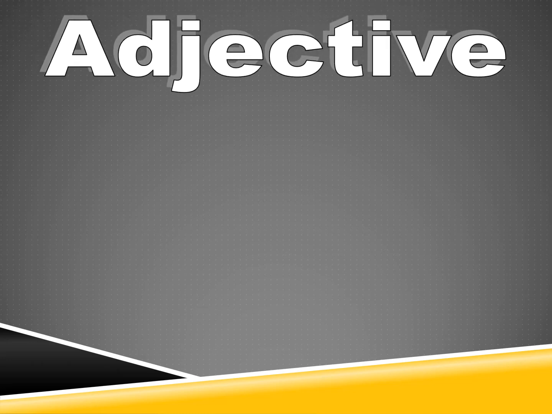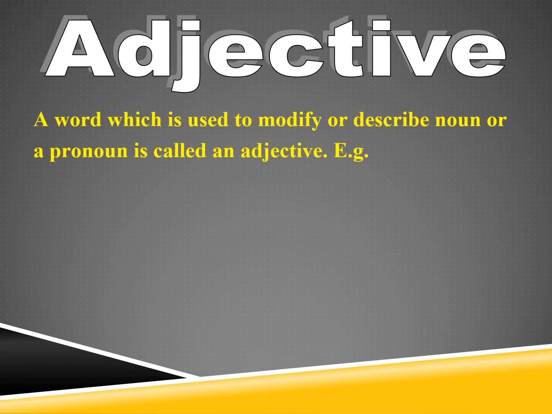Alright, dear students, let's get started with the definition of adjective. A word which is used to modify or describe a noun or a pronoun in a sentence is called an adjective. For example, Ali is a clever boy. Here the word clever is an adjective because it is used to describe the noun boy after it.